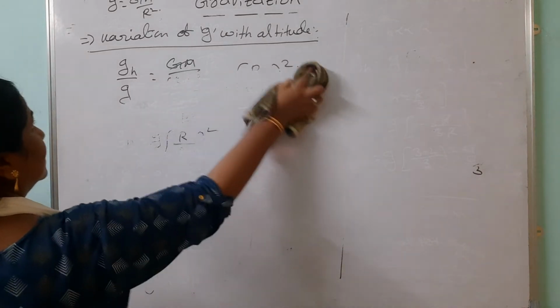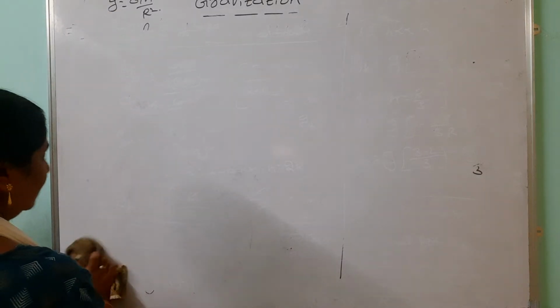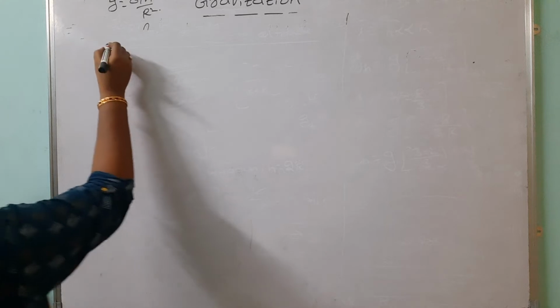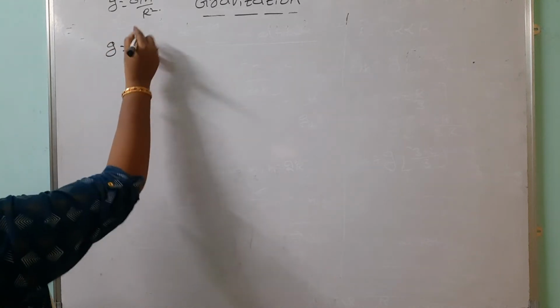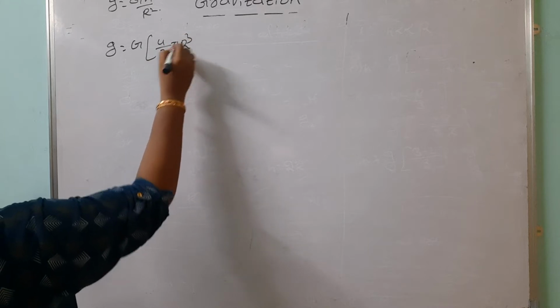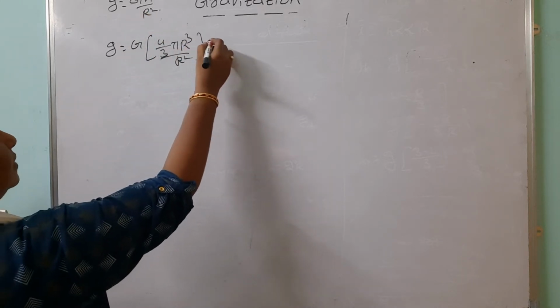Then we are going to discuss variation of g with depth. See, before that we know that g equals G into 4/3 pi R cube by R square. So this is the volume into density.